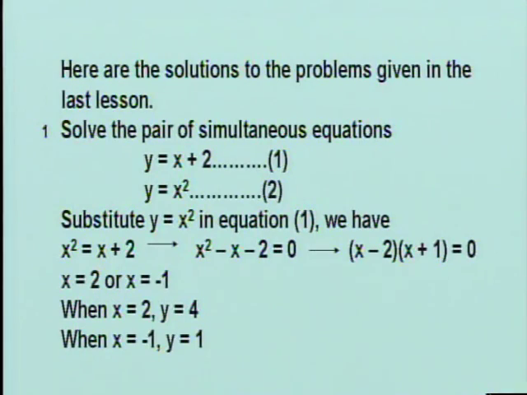And we can factorize the left-hand side as a trinomial, which will give us x minus 2 times x plus 1 equals 0. If we solve each factor as a simple equation, we will have x is equal to 2 or x is equal to minus 1.